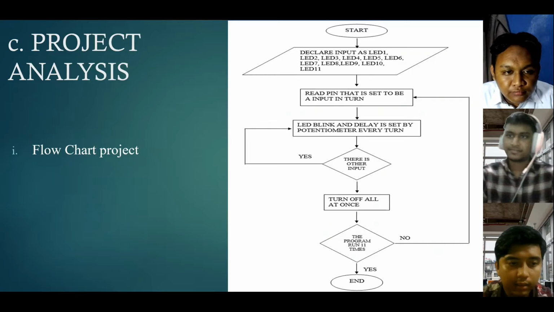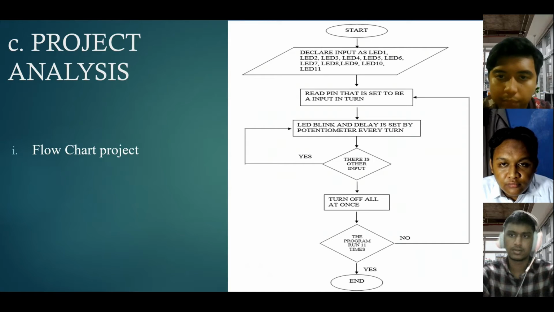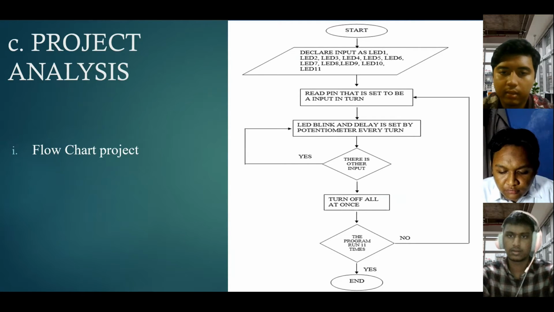For project analysis, now for the flowchart, we start the program and then declare input as LED1, LED2, LED3, LED4, LED5, 6, 7, 8, 9, 10, and 11. And then read the pin that is set to be the input in turn. And then the LED blinks and the delay is set by the potentiometer every turn.